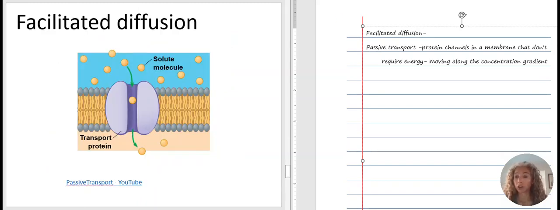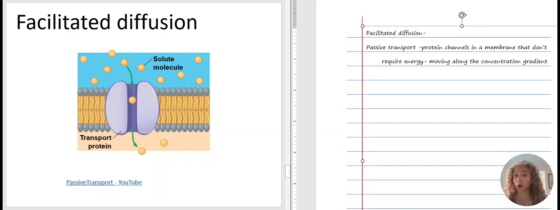Some solute molecules will need help getting across that membrane, and we call this facilitated diffusion. It's similar to diffusion, but it has these open channels that the solutes can move through freely without being affected by that semi-permeable membrane. This is also known as passive transport because it does not require energy to move those solutes through that transport protein.